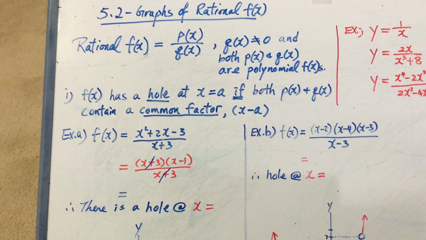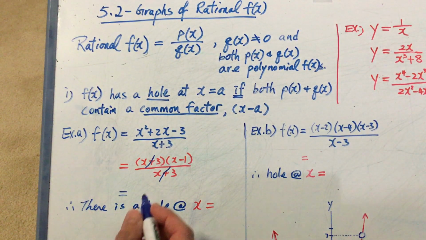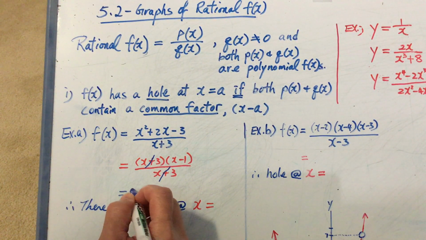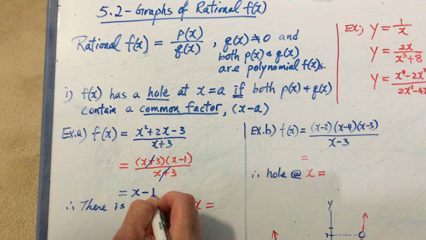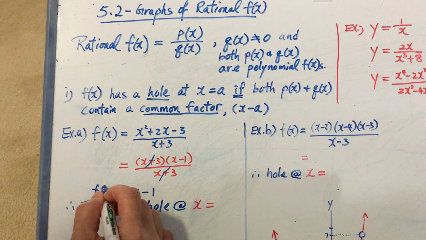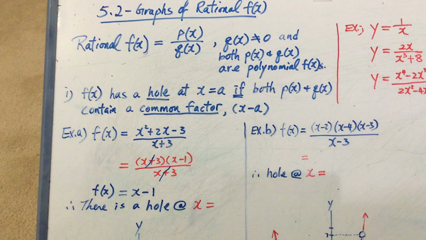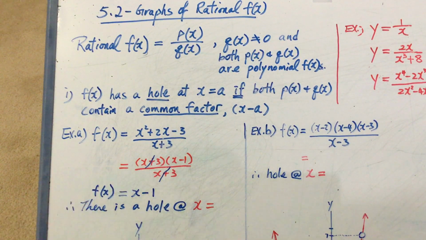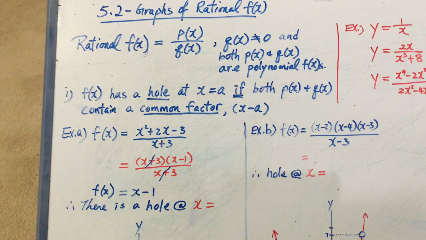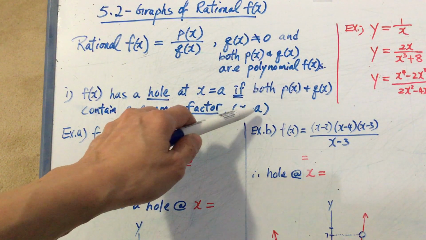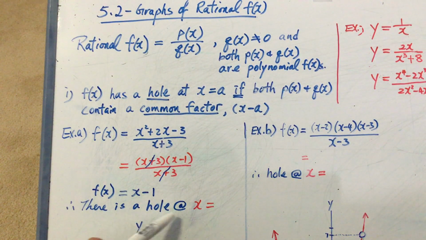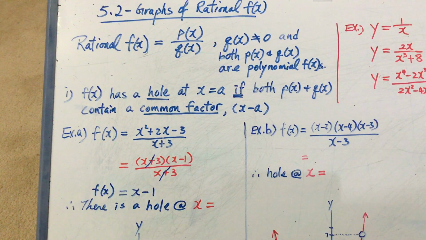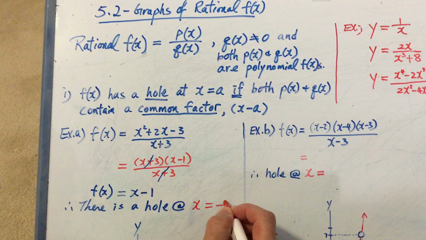So finally, you will end up with the final answer of x minus 1. Okay? So f of x, after you simplify, becomes x minus 1. Because of the common factor that you have reduced, x plus 3, in the form of x minus a, therefore, there is a hole at x equal to negative 3.